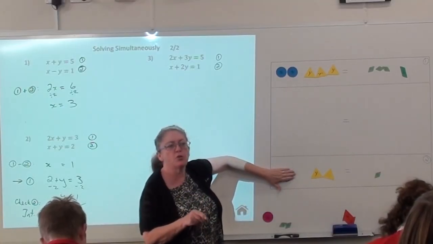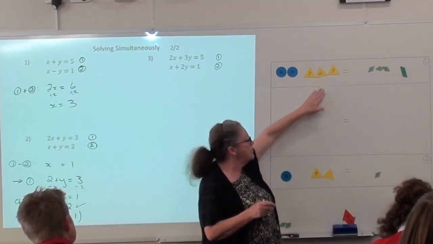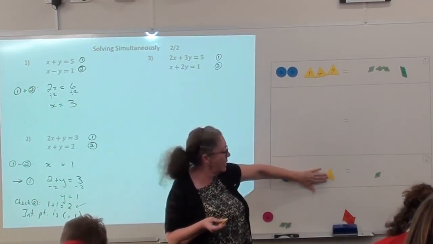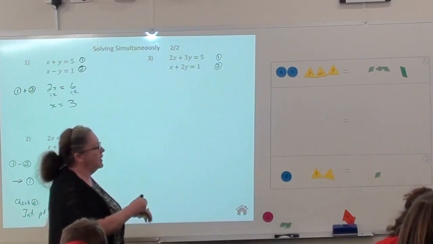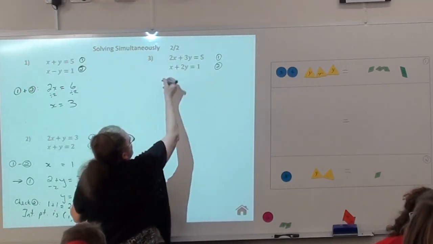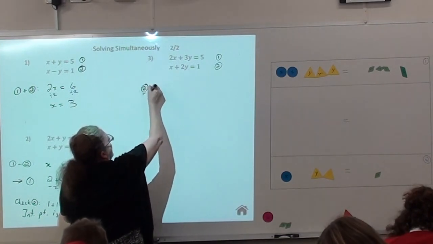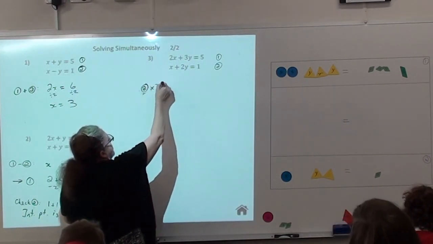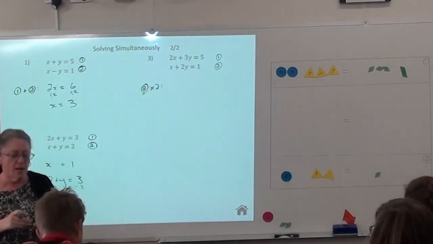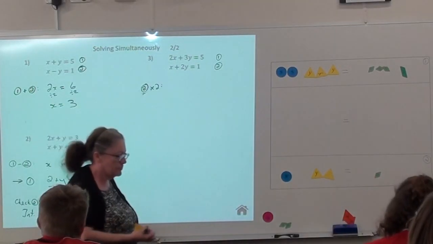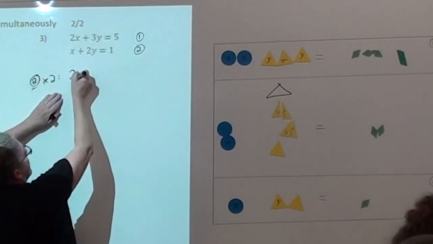They both need to be 2x. Or these both need to be 3y or 6y or something. Okay, so the easiest thing to do is to get equation 2 and double it. Equation 2, I've doubled it.